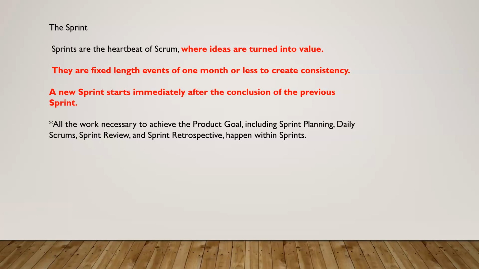That means if you have agreed upon a 3 week sprint, let us say, and in the next sprint you say it could be 4 weeks, this is not consistency. You should stick to a particular timeline and say we are going to follow this till this particular product is delivered.